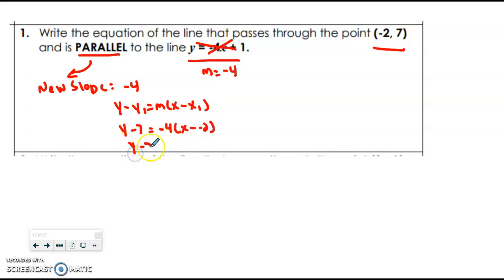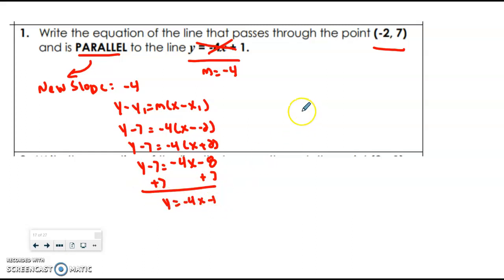So I got y minus 7 equals -4 times x plus 2, so you got -4x minus 8. And then you got y minus 7. So if I add 7 to both sides, you would get y equals -4x minus 1. That would be the equation of your line that's parallel to the given line going through the given point.